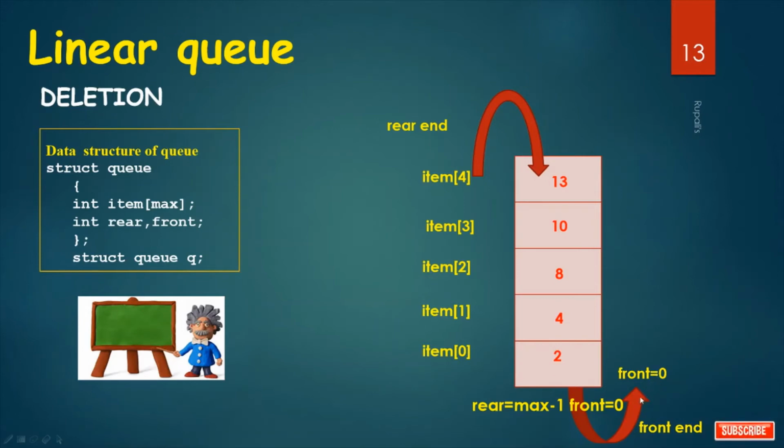First, we already initialized front as 0. So front is 0, front points here. So first delete this element, then increase front. I repeat, first delete the element, then increase front, because I initialized front as 0.